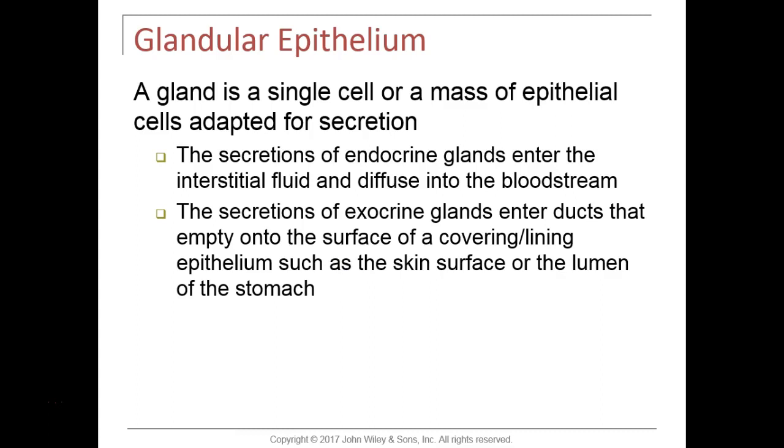Now, besides having what we call lining and or covering epithelial tissues in the body, we also have what's called glandular epithelium. All of the different types of glands that you can think of in the body are composed of groups of epithelial cells that are arranged together.